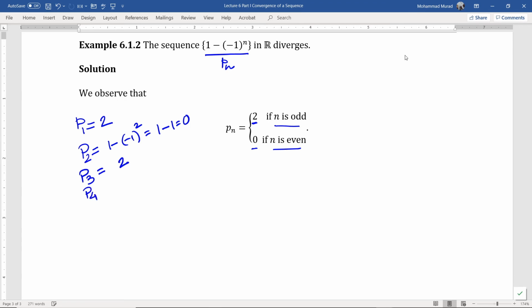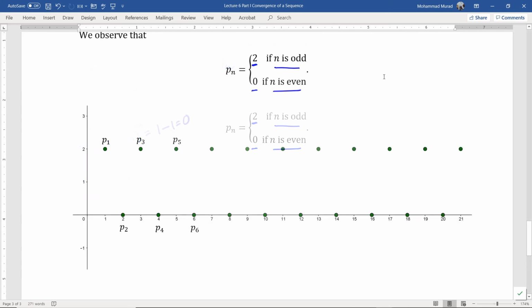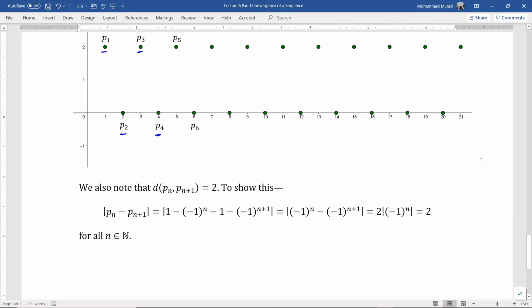P sub 4 equals 0. Let's try to plot the first few terms of this sequence. As we calculated, p sub 1 is 2, p sub 2 is 0, p sub 3 is 2, p sub 4 is 0, and so on.